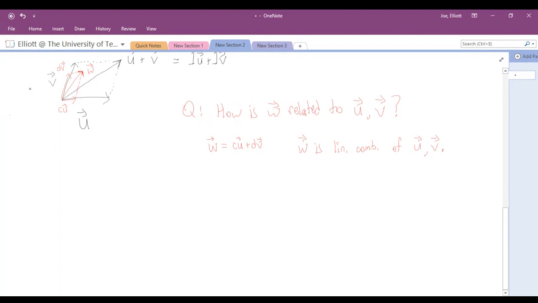Now, in this picture, we can say a little bit more. So we said this vector was some scalar multiple of u. Because it points in the same direction as u, we can say that c was a positive scalar. And because it is shorter in length than u, we can also say that c was a scalar specifically between 0 and 1.